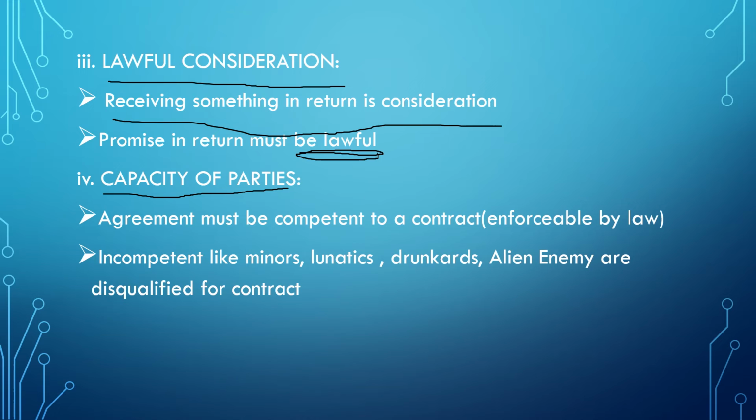If they have a contract with an incompetent person, it won't be considered enforceable by law. They can't enforce it in a court of law. And what is incompetent? Incompetent means minors, lunatics, drunkards, alien enemies, or persons disqualified for contract.